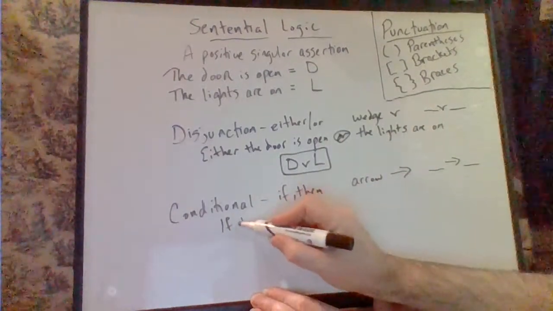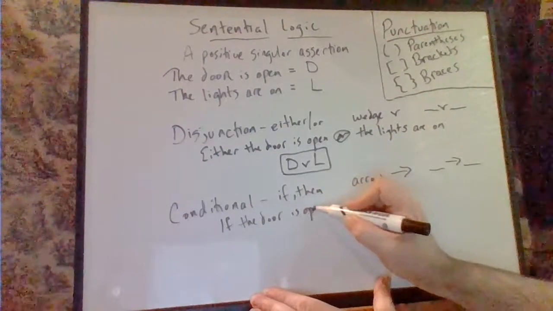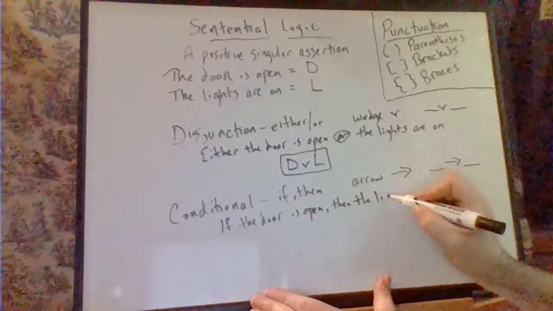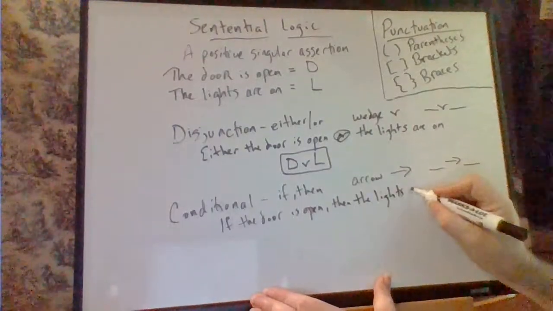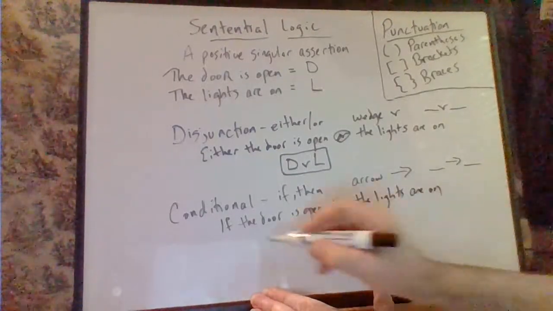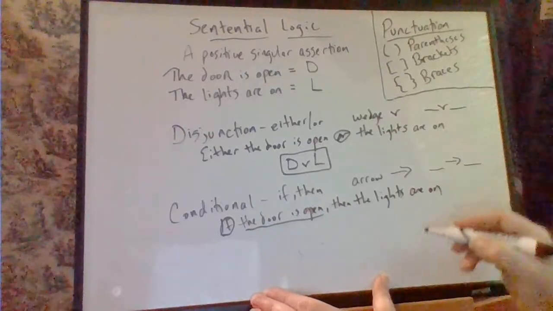So, if the door is open, then the lights are on. Okay. So if the door is open, the if part is the antecedent, the door is open, then that comes before the arrow.